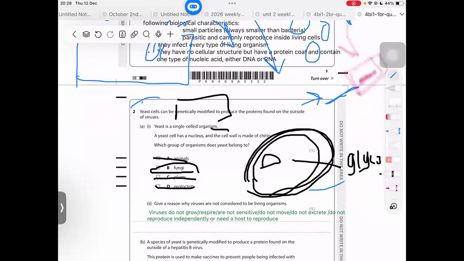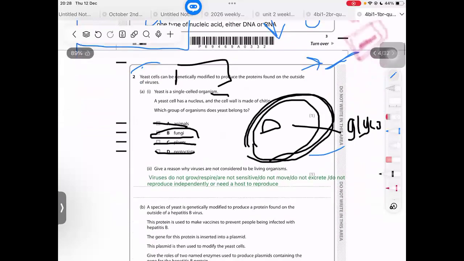Right. Now, in the second question, give a reason why viruses are not considered to be living organisms. Now, if you take animals, fungi, plants, protoctists, all these are considered as living organisms, but not viruses. That is because they do not have a cellular structure, right?